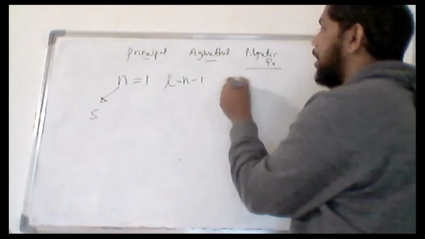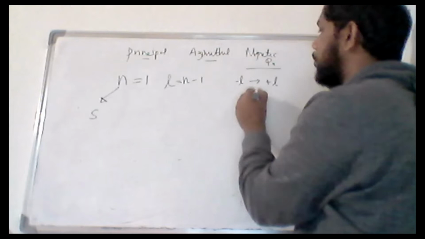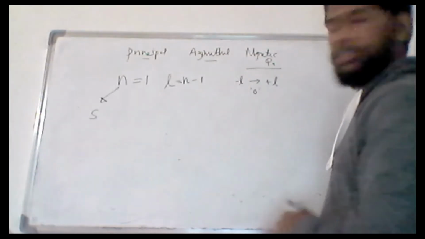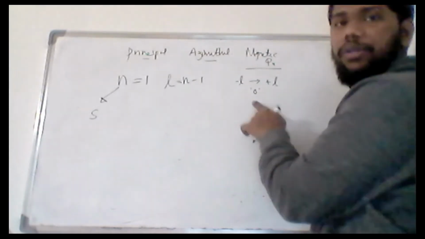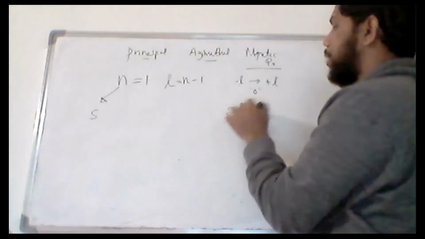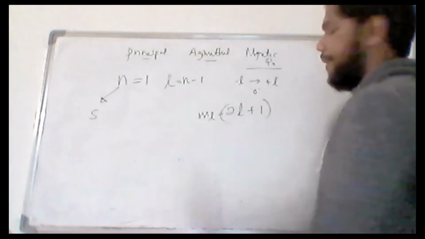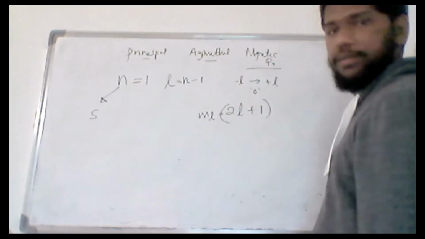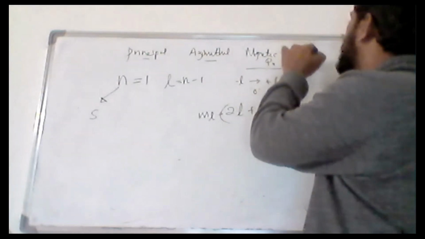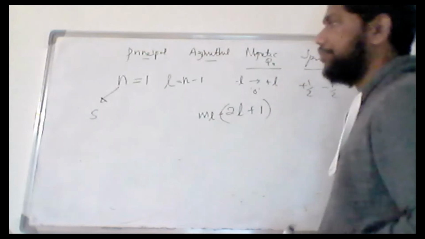This is in general from minus L to plus L including 0. Okay. So we generally say this is 2L plus 1, remember. Then you have spin quantum number. It will be either plus half or minus half.